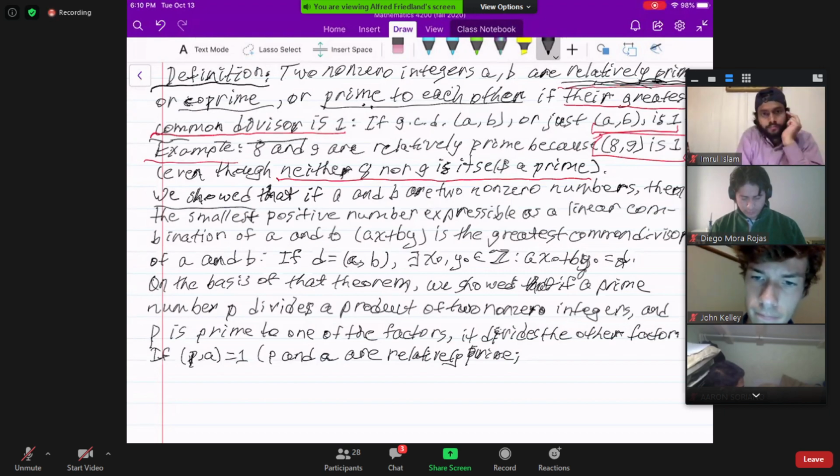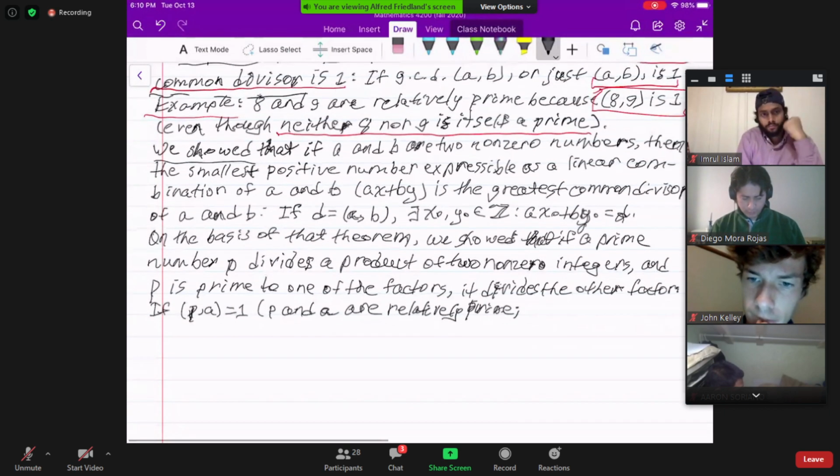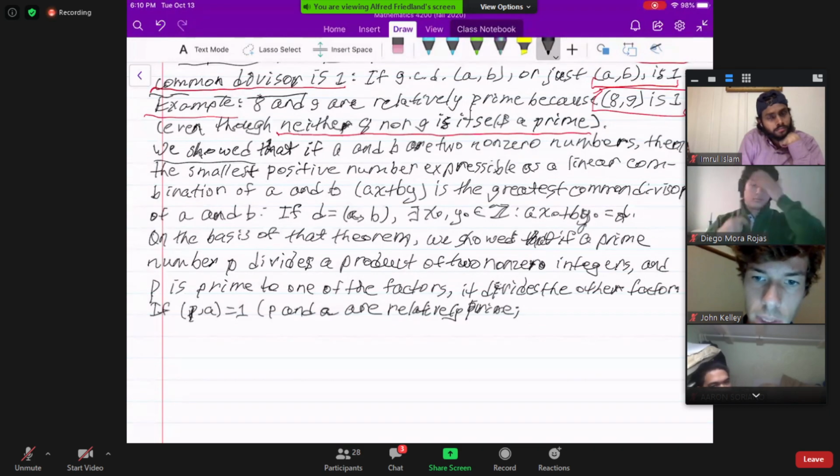And so on the basis of that, we showed that if a prime divides a product, if it's prime to one of the factors, it divides the other factor.